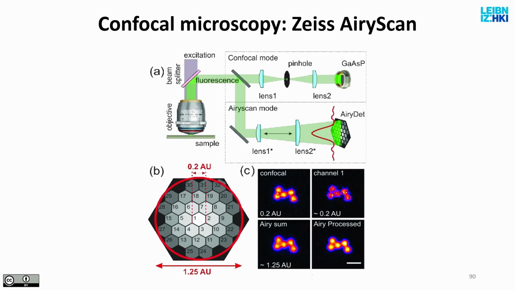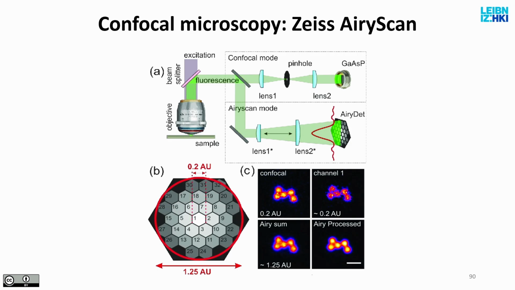But the advantage is the following. If you remember the curve where I showed you the axial resolution as a function of the Airy unit, and you remember it came down and then slowly flattened out below 0.5, there was not much change. What if I could measure the image at not just one Airy unit, not just one pinhole size, but many pinhole sizes?